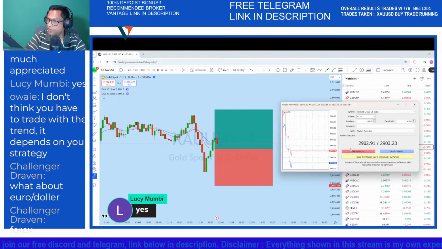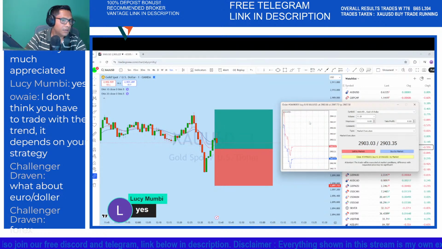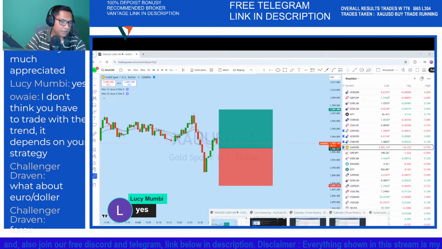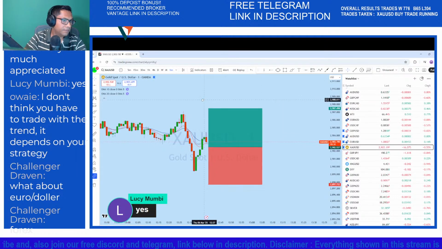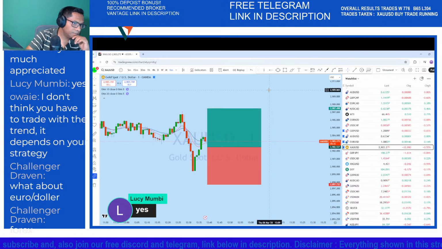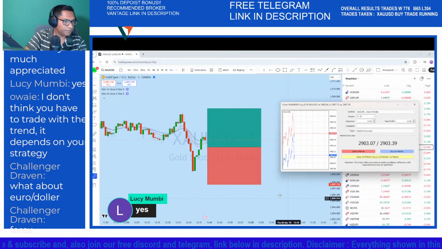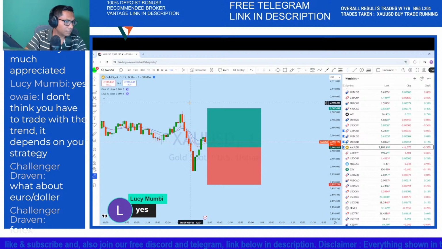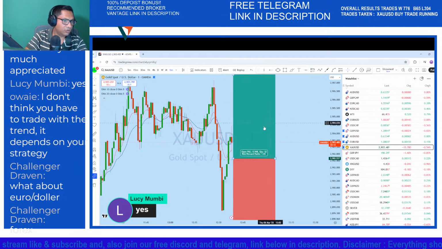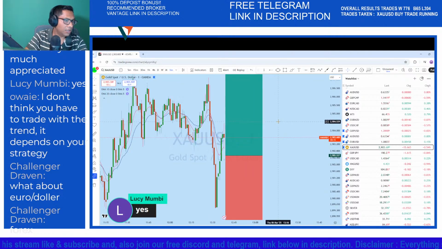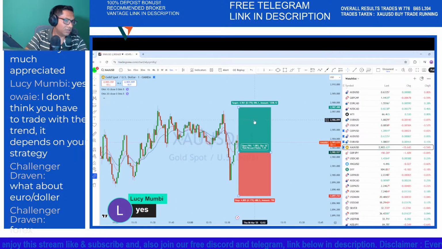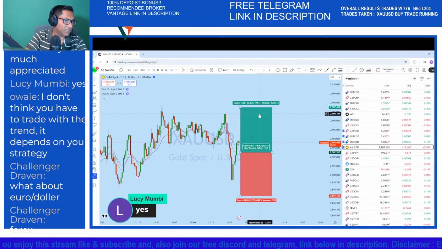Might get some pullback here again to the entry, but we want to see that it has done enough. So there's a doji here, and with the doji expecting it to go up and again move back to the resistance line here where there's high liquidity.